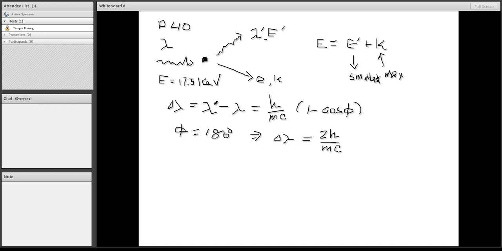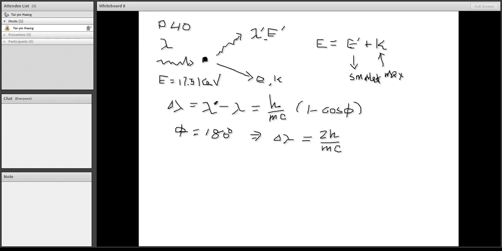So in order for the kinetic energy of the electron to be the maximum, the outgoing photon has to have the smallest energy. For that, the Compton shift has to be largest, so phi has to be 180 degrees. That becomes two times the Compton wavelength.